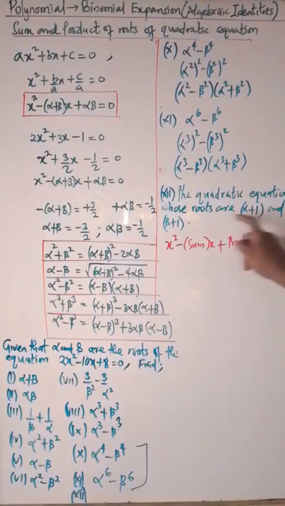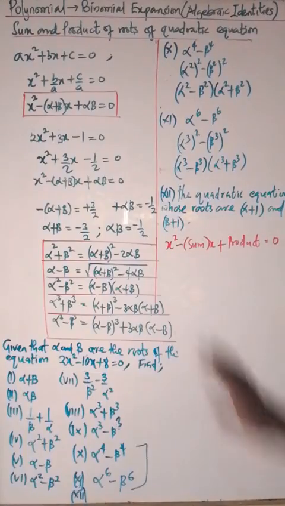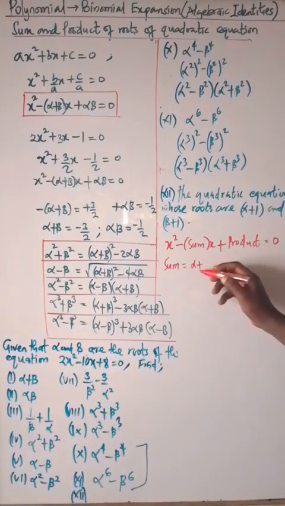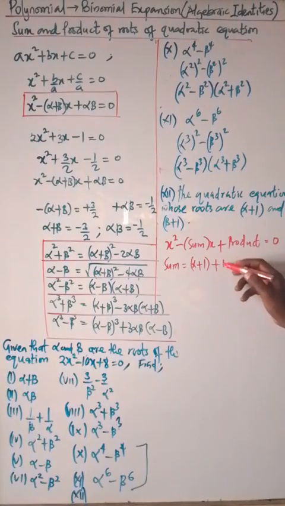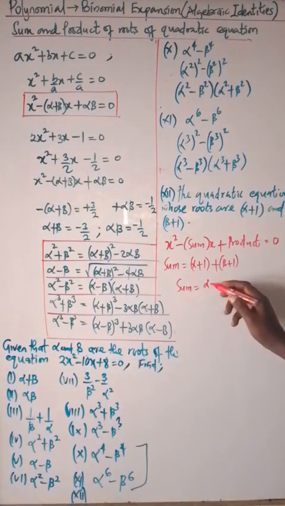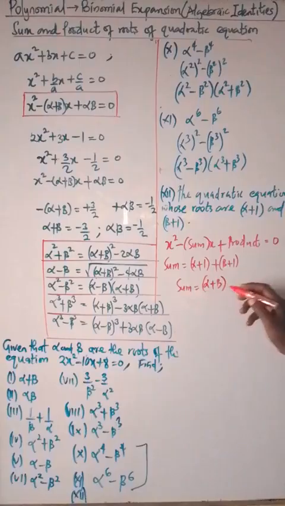So we are told that these are the roots. It means if you solve that equation, you get two answers. The first answer is alpha plus 1, the second beta plus 1. So to get the equation for this part, we have to get the sum. And what is the sum? We add alpha plus 1 and beta plus 1. So by adding, the sum becomes alpha plus beta, then 1 plus 1, that's 2.